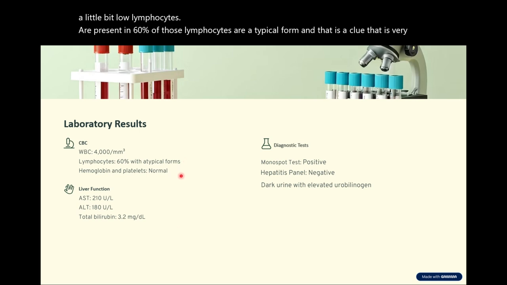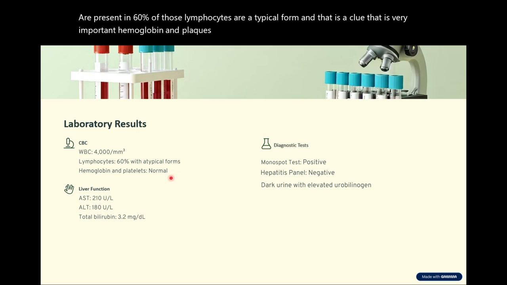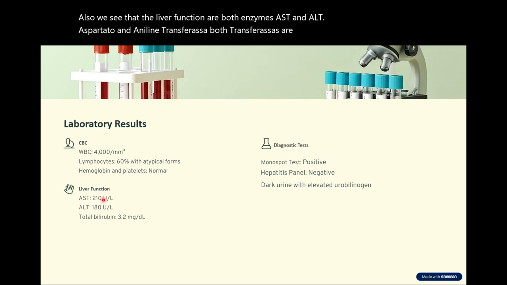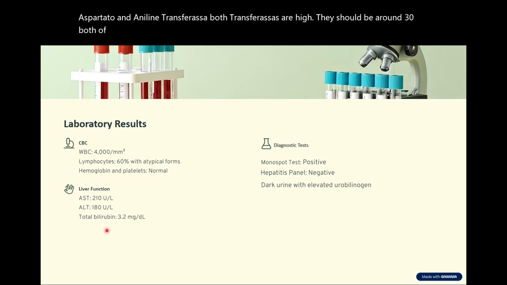Hemoglobin and platelets are normal, so we discard any lymphoma. Also, we see that the liver enzymes, AST and ALT, aspartate and alanine transferase, are both high; they should be around 30. Also total bilirubin is high. That's why he's presenting jaundice.